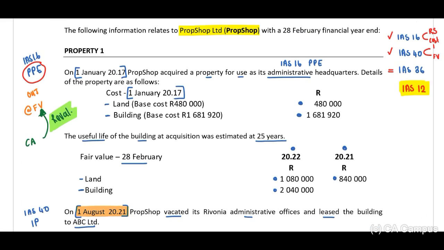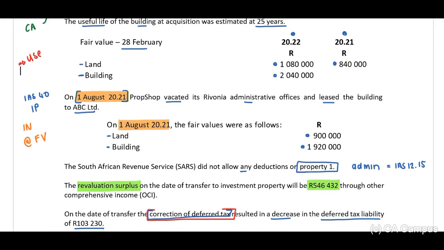Therefore, what is the manner of recovery? The manner of recovery for PPE will be through use for tax purposes. But for investment property, we will look at through sale. Okay, therefore, this is important. Our deferred tax will change due to the fact that this was calculated based on use, and now we need to calculate our deferred tax based on sale.